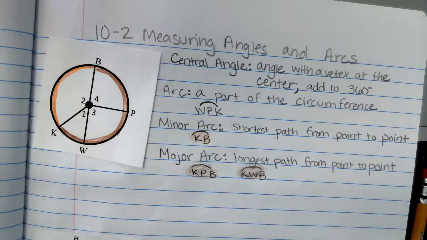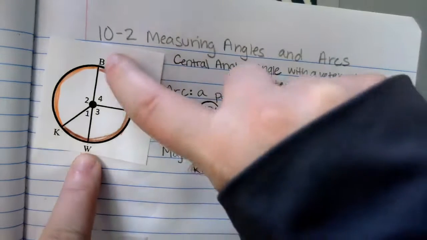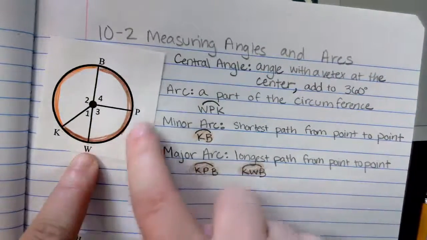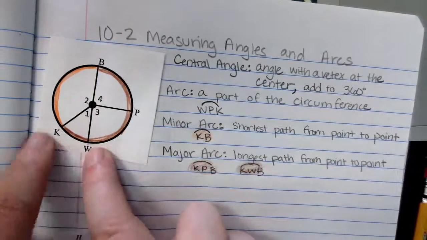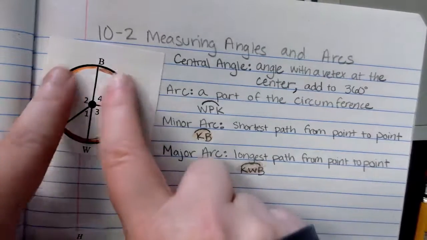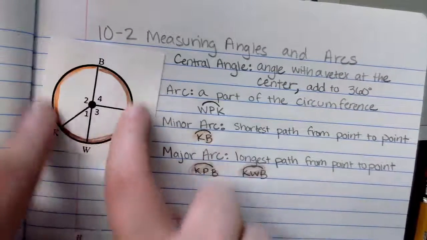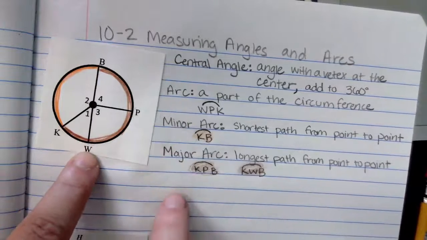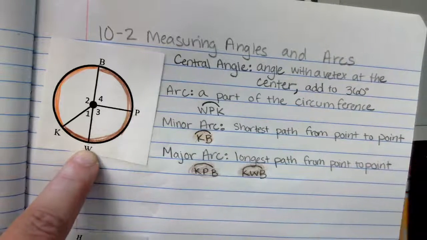Okay, so because they're the same, there is no major or minor arc for them. We call that a semicircle. And a semicircle is exactly half of the circle.